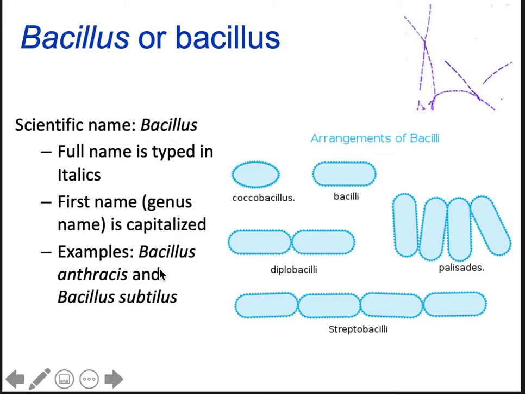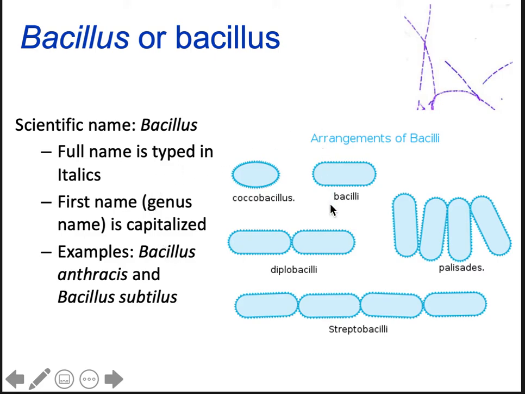So examples like Bacillus anthracis, which you saw in your first lab, the biosafety lab. And a lot of times in the learning lab, if we were in person, we would be working with Bacillus subtilis. So in this instance, when we use the word Bacillus, we have to capitalize it and have it in italics because it's a genus name, right?